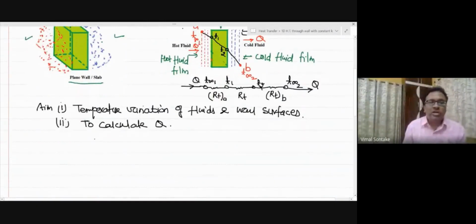As we have assumed in our very starting heading, we have assumed one-dimensional steady-state heat conduction without heat generation, and homogeneous and isotropic material. So whatever this heat transfer rate is, it is one-dimensional and under steady-state condition.